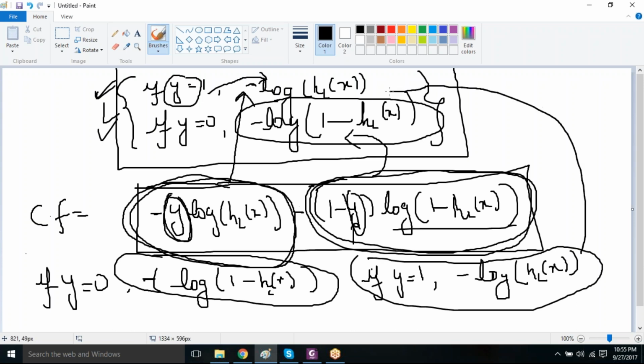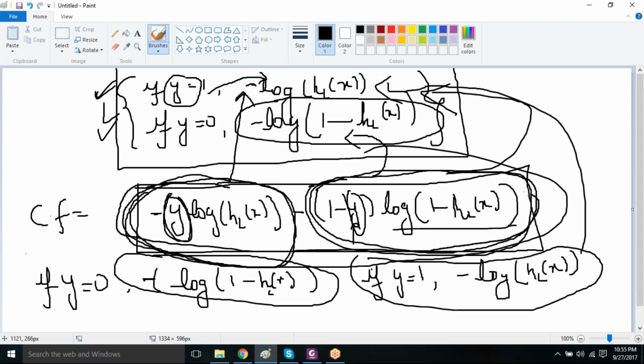This is satisfying the first criteria. So whether y equal to 0 or y equal to 1, this whole equation will satisfy the criteria. With a single equation I am satisfying both the criteria.